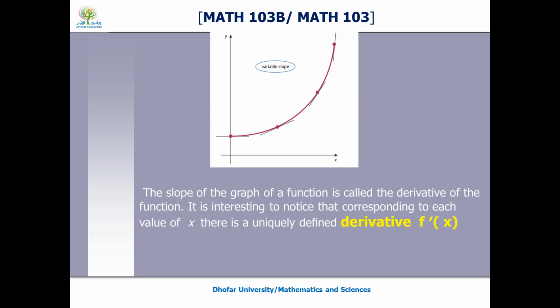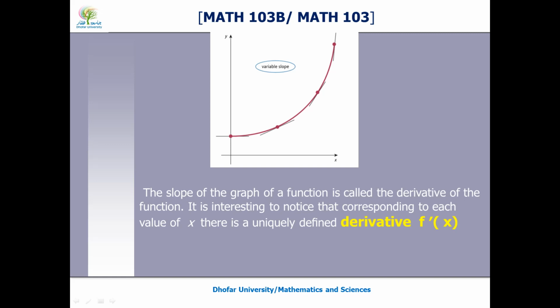If you look at this graph, this is a graph of a function, and you can see there are some straight lines. These are the lines tangent to the graph of the function at different values of x. Let's say this horizontal line is the tangent line at x equals 0. This is another tangent line at a different value of x, and this is one more, and so on.